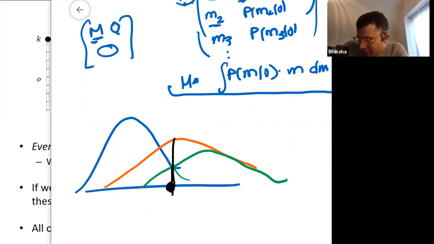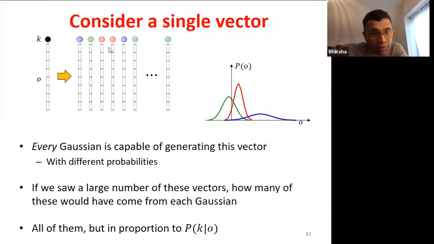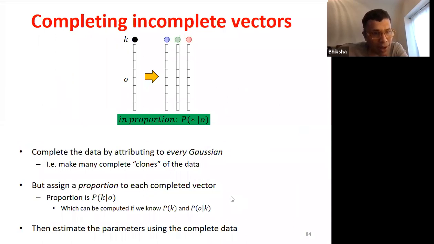But at this point the red Gaussian is much more likely to have generated this observation than either the green or the blue. So when I fill in these colors, I will have many more reds than greens or blues. Basically, I fill in these colors in proportion to P of K given O. And now I've completed the data by filling in this color.